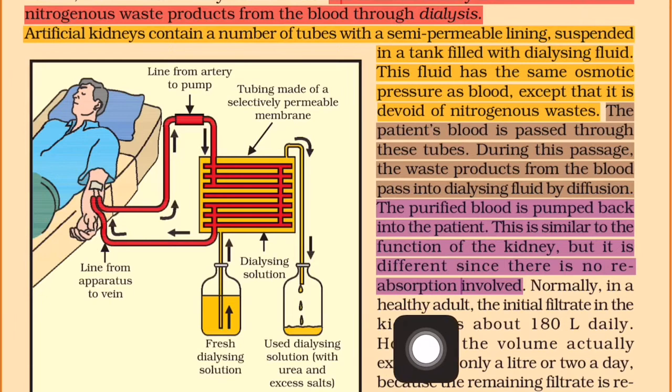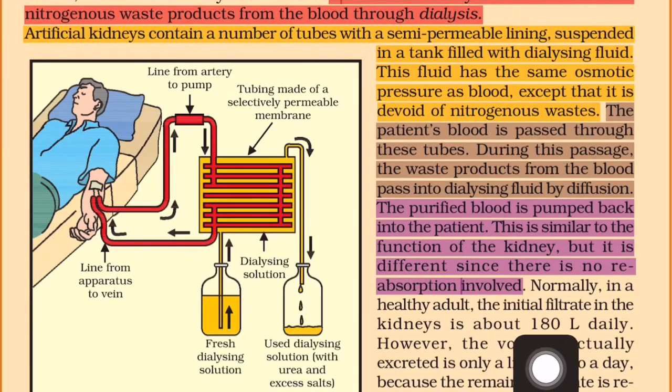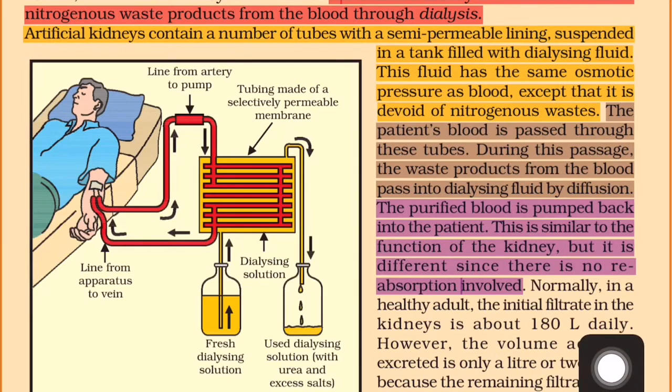Normally in a healthy adult, the initial filtrate in the kidneys is about 180 liters daily. That means in the first step there is filtration, and afterwards reabsorption. In the initial filtrate, a huge volume of blood is filtered out, that is 180 liters daily.